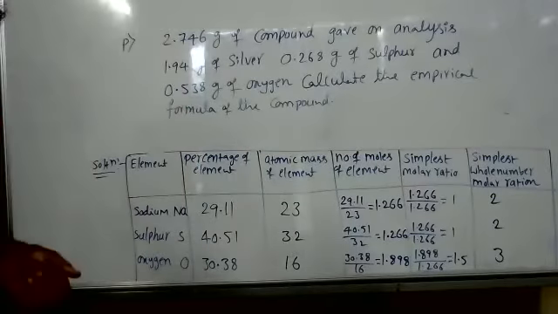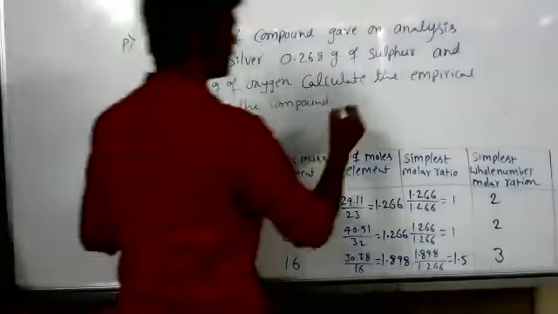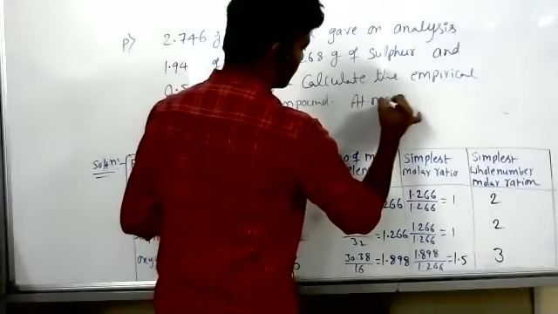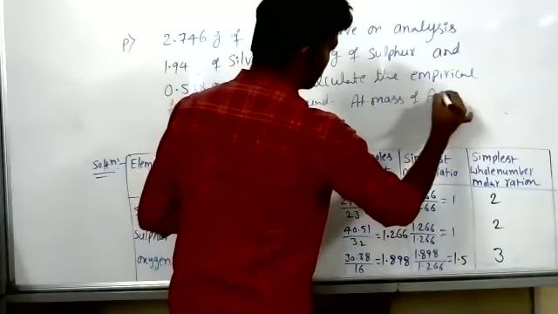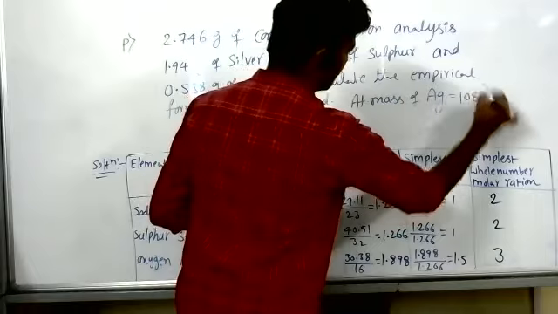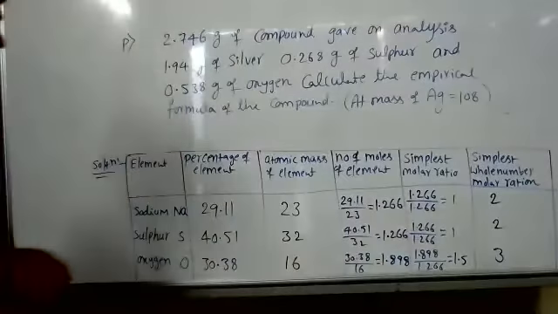Atomic mass of silver is 108. Sulfur and oxygen you already know.